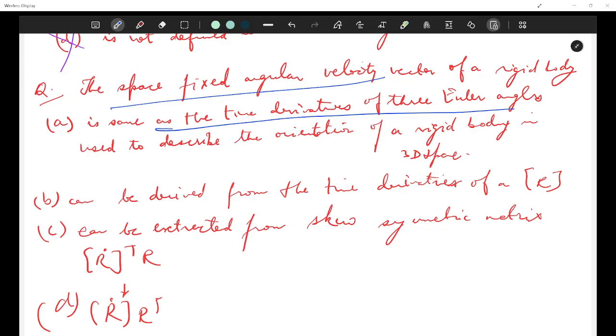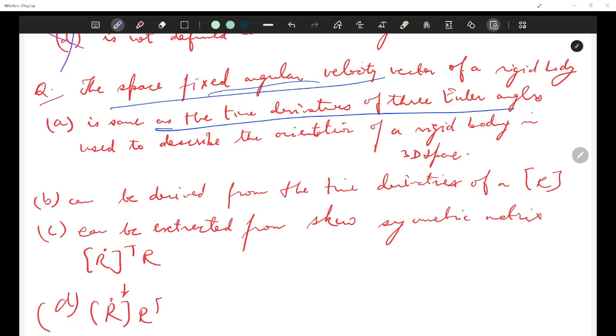For getting the angular velocity, we do not go with the time derivatives of the Euler angles, because we know that all of them are dependent, and then we need to differentiate them. Differentiation of the rotation matrix actually gives us these space fixed angular velocities.